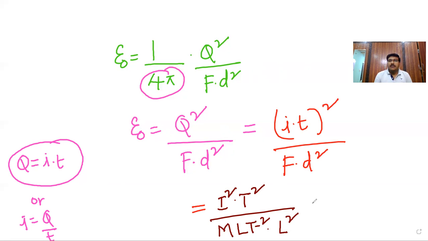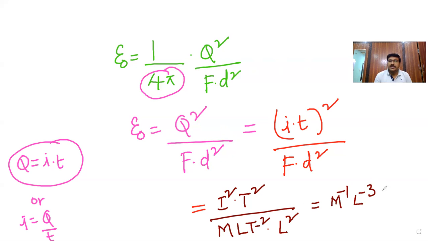Clear? On simplification, if I take up the mass to the numerator side, M to the power of minus 1, L into L square, L cube. If I take it upside, L to the power of minus 3. T square in the numerator, and in the denominator T to the power of minus 2.